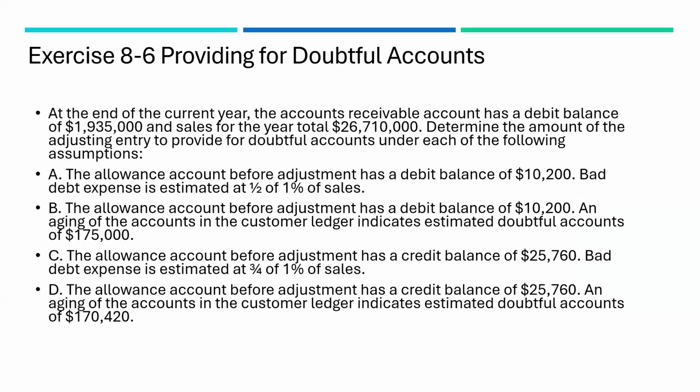And so for this example, at the end of the year, the accounts receivable has a debit balance of 1,935,000. Sales for the year were 26,710,000. Determine the amount of the adjusting entry to provide for doubtful accounts under each of the following assumptions.